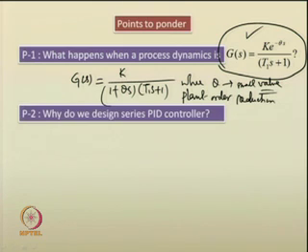The second point to ponder is why do we design a series PID controller? As we have discussed, a series PID controller enables us to cancel one of the zeros of the controller with one pole of the all pole transfer function of the process, thus giving us one zero in the standard transfer function.